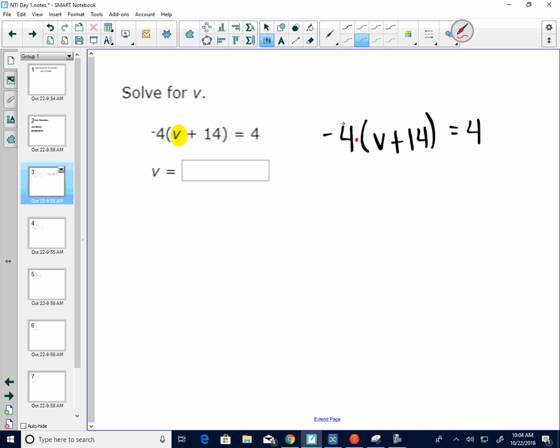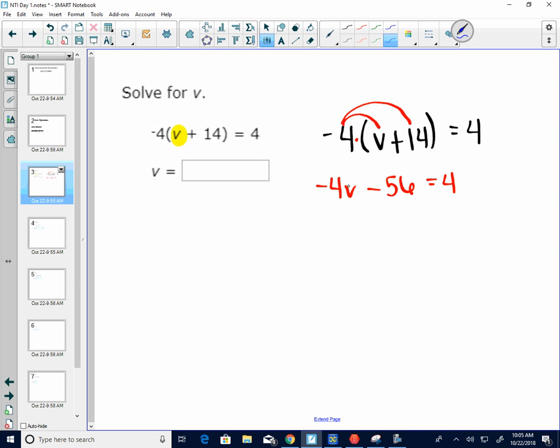Or some students prefer to distribute negative 4 times v, negative 4 times 14. So negative 4 times v is negative 4v. Negative 4 times 14 is a negative 56, and that is still equal to 4.